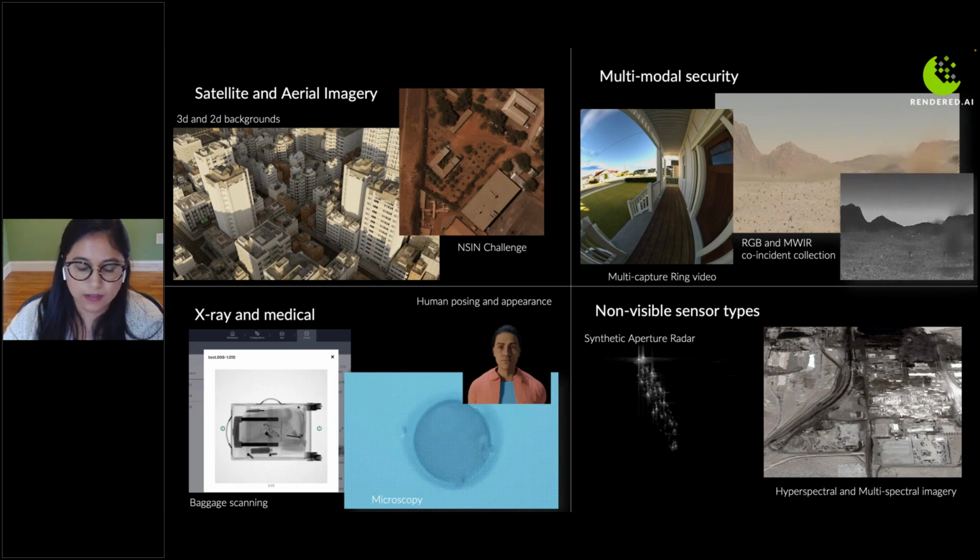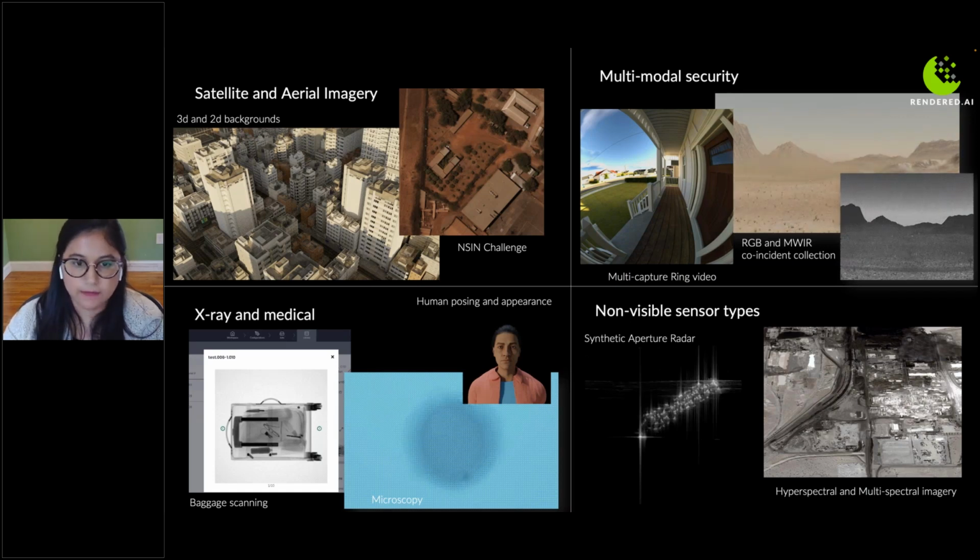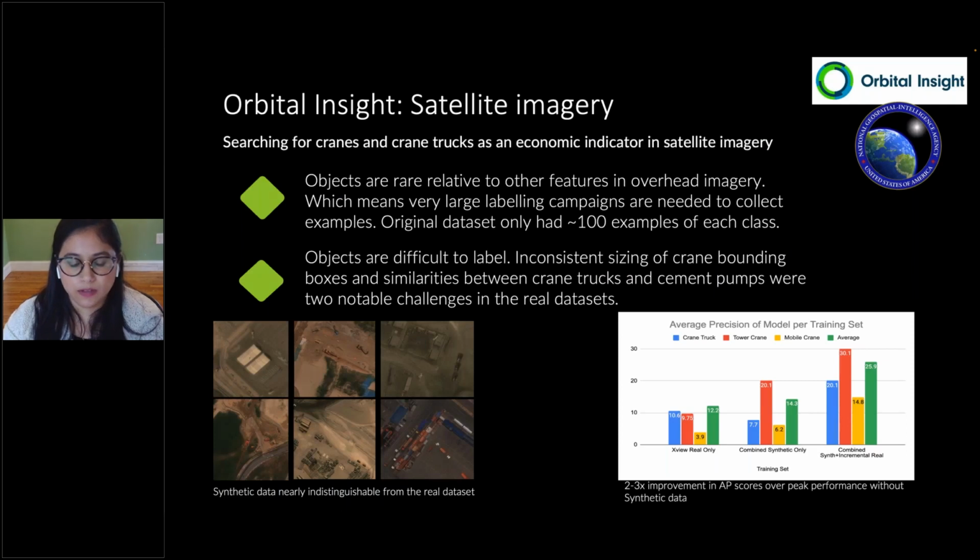So now that you've seen various domains and examples of synthetic data, I wanted to share with you a piece of research we did with Orbital Insight. This was a small business innovation research grant that we worked with Orbital Insight for, and the goal was to search for cranes and crane trucks as an economic indicator in satellite imagery.